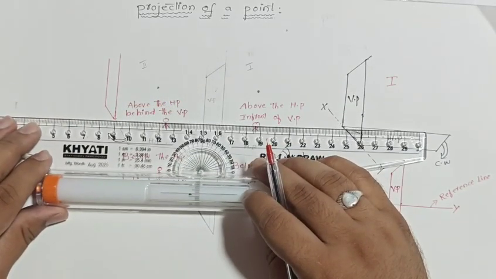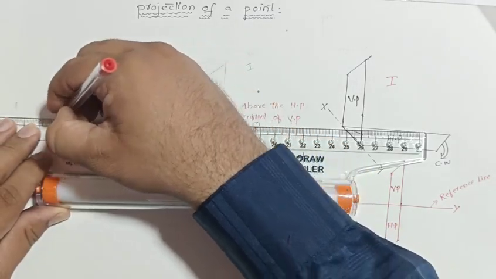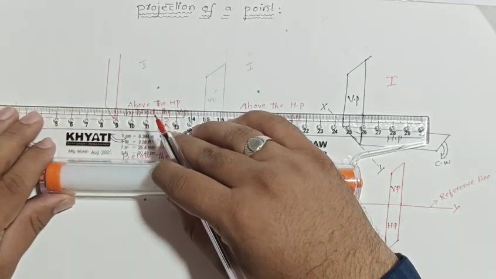Meanwhile, draw the horizontal line. This horizontal line is called the horizontal plane.